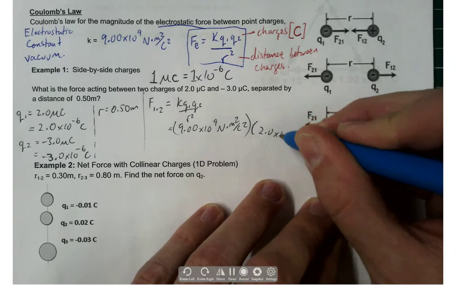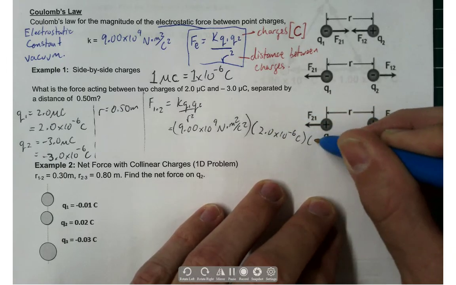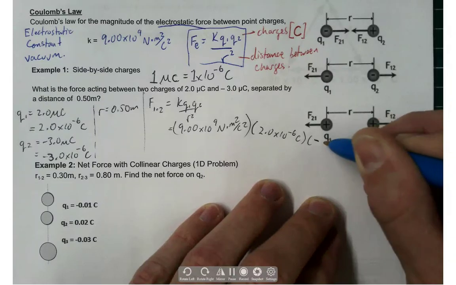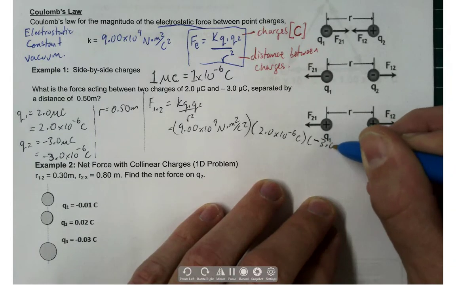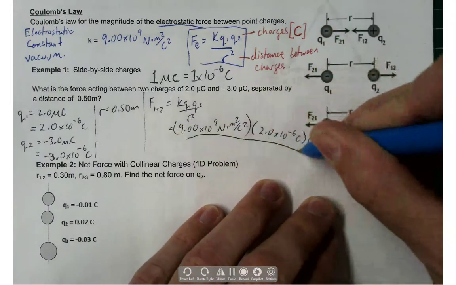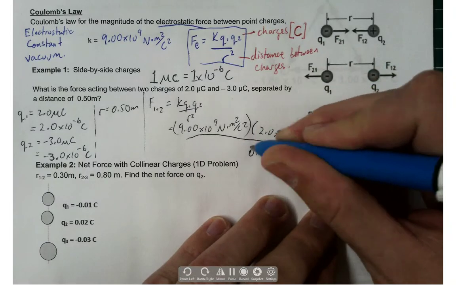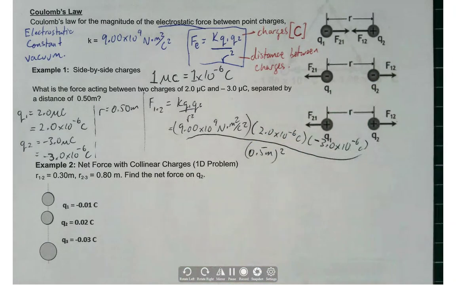2.0 times 10 to the power of negative 6 coulombs times negative 3.0 times 10 to the power of negative 6 coulombs, divided by 0.5 meters. Don't forget to square it. Now, can you guys see if you can plug that in?